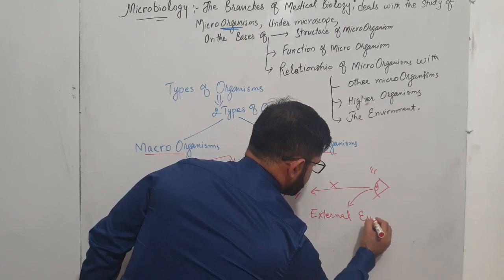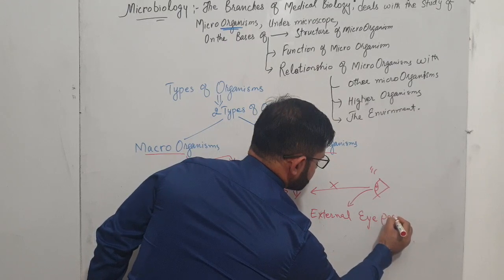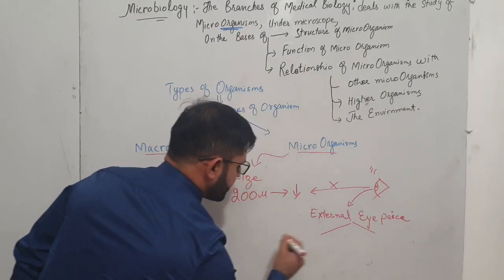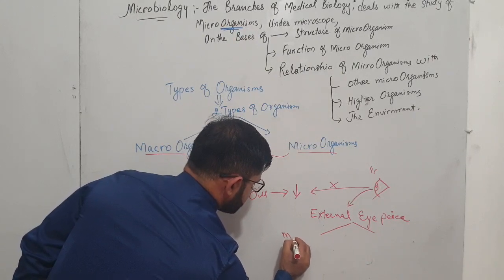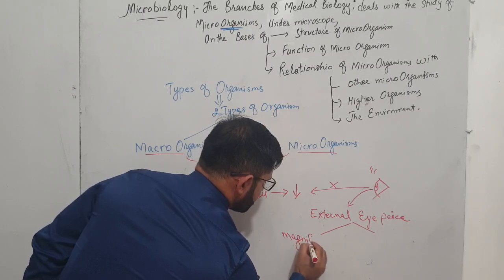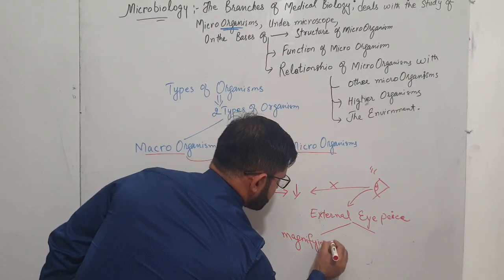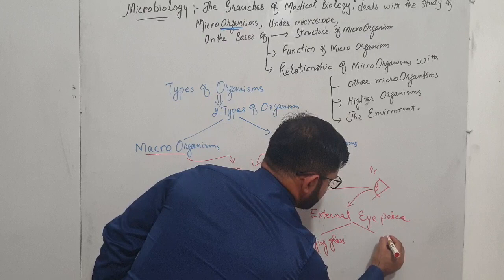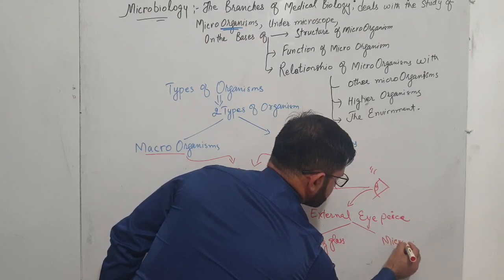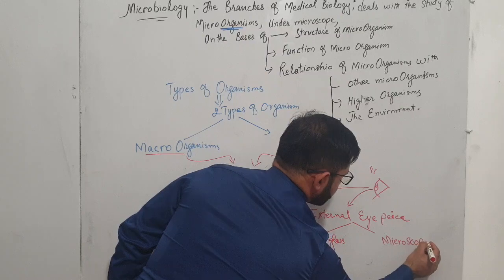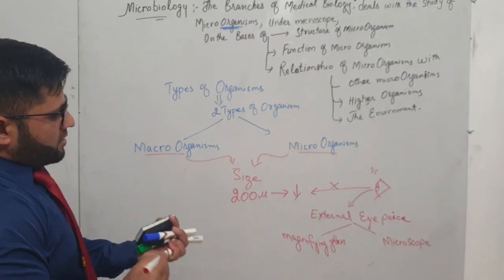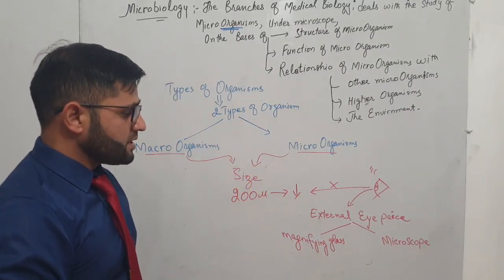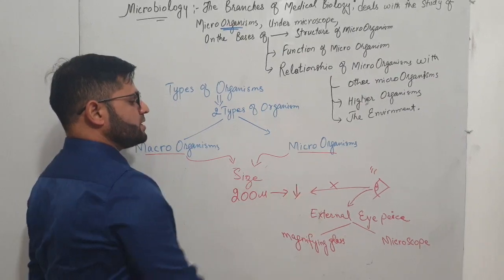That external eyepiece will be either in the form of a magnifying glass, or in the form of a microscope. Except by using a magnifying glass or a microscope, we will not be able to see them.